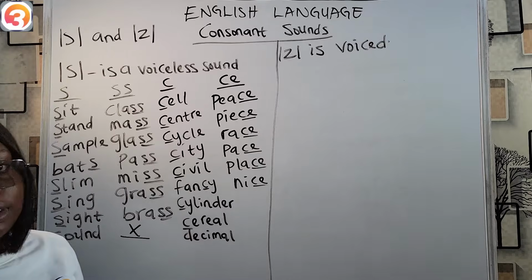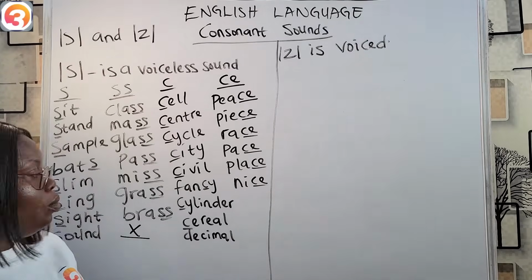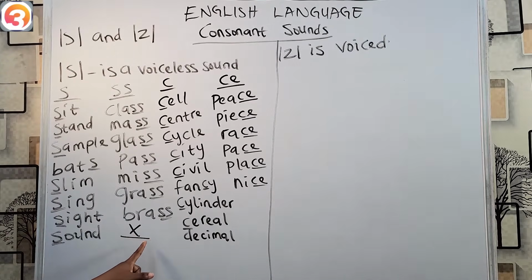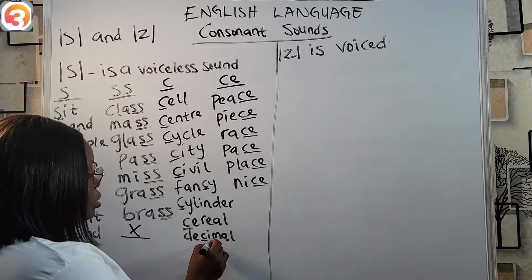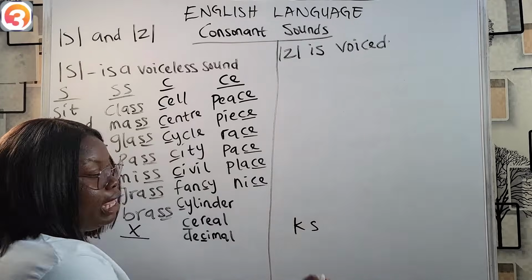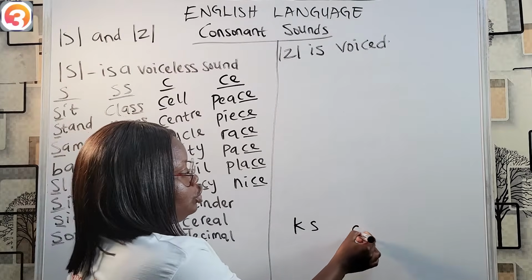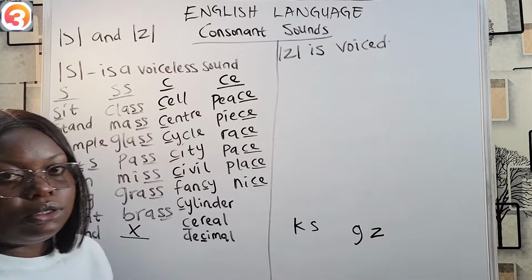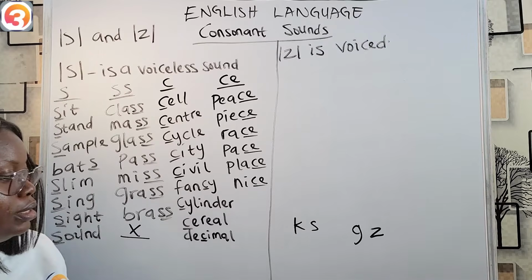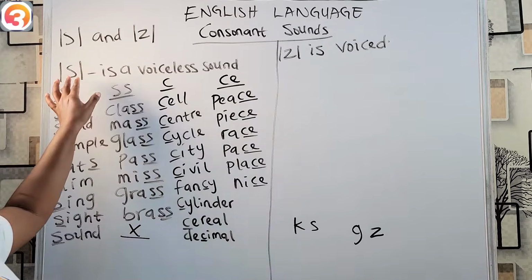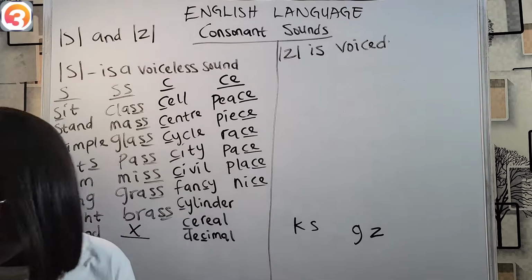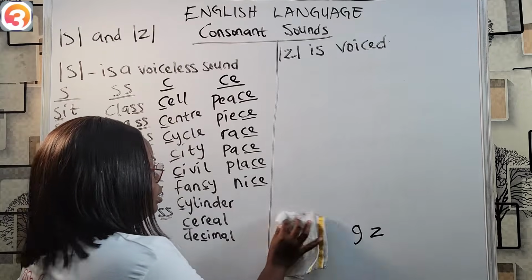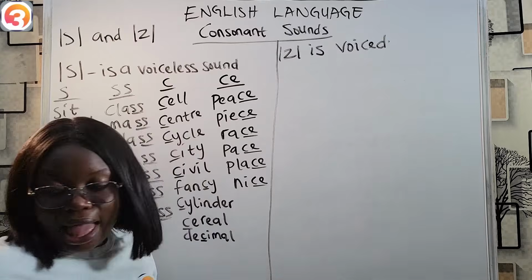Even when we were looking at K and G, we said words containing letter X can be transcribed as a mixture of K and S or G and Z. So if it's written as K and S, we also have the S sound there. That's why it's coming here again. Examples of these words now, we have axe.